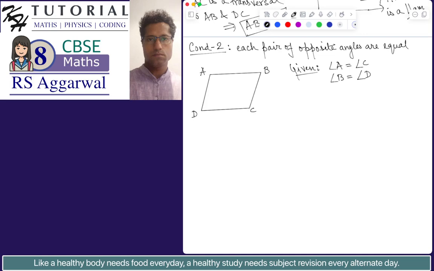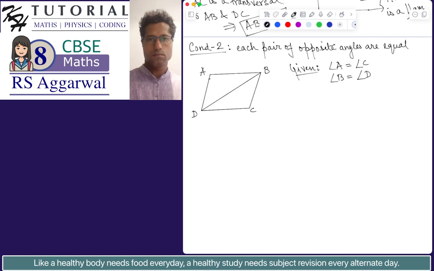These two angles are equal. Angle A is equal to angle C and angle D. If I make the diagonal BD, can we prove that triangle ABD is congruent to triangle BDC?